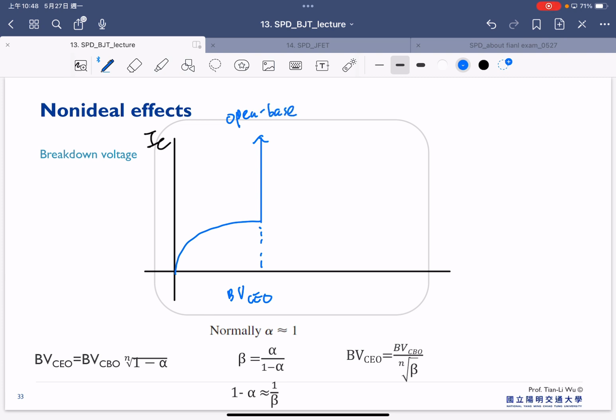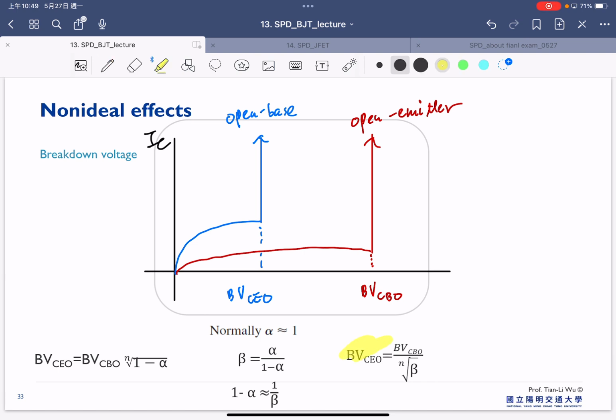And another one, we have this one. It's called an open emitter, and that's called the BVCBO. And the correlation between these two is shown here.